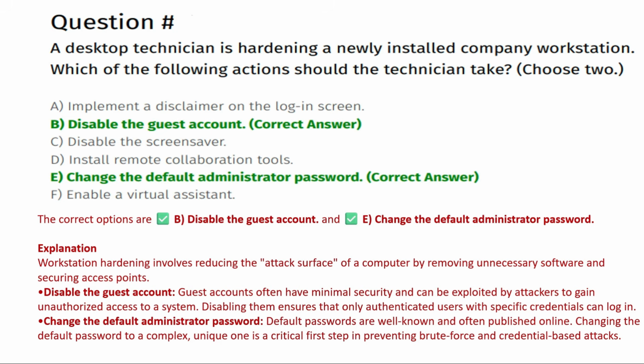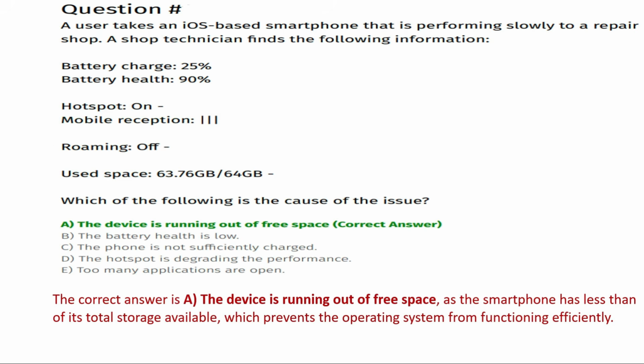And change the default administrator password. Default passwords are well known and often published online. Changing the default password to a complex, unique one is a critical first step in preventing brute force and credential-based attacks. So that's why the correct answer for this question is option B and option E. So let's move to the next question.